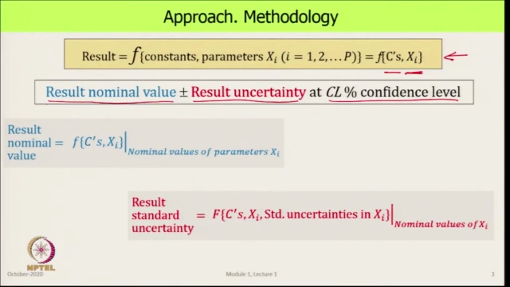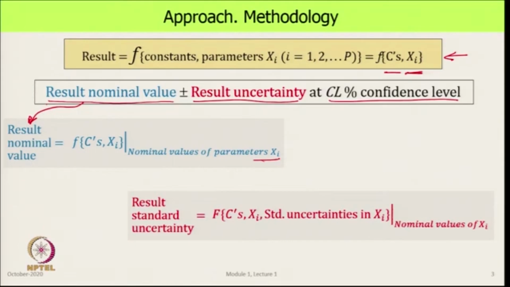So, we have to determine two things. The nominal value of the result is a function of the constants and the parameters, and in this result formula, we represent x i and substitute that by the nominal values of each of the parameters.